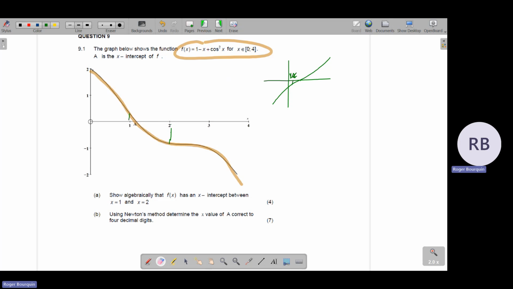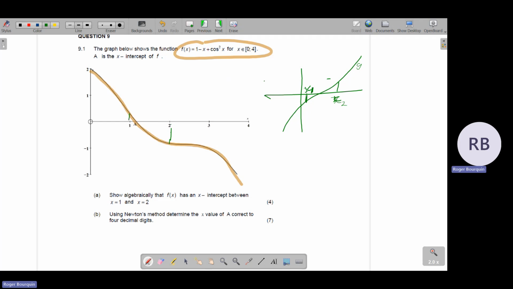There are two scenarios to prove it's a root between x1 and x2.